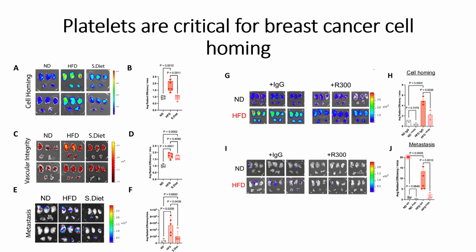They have also quantified these things in panel J, where we can see that in the control diet conditions there is not much difference whether they use control antibodies or R300 antibodies.